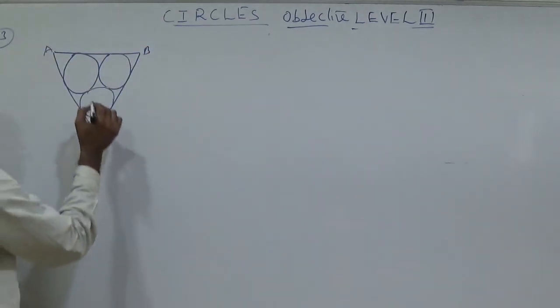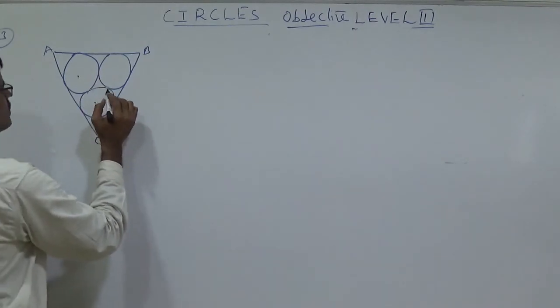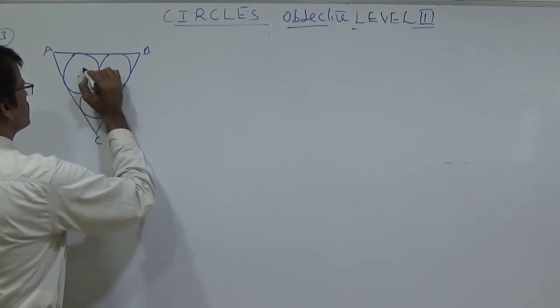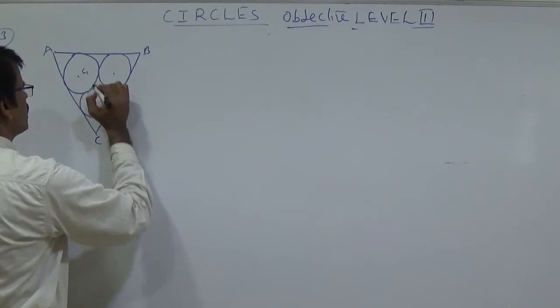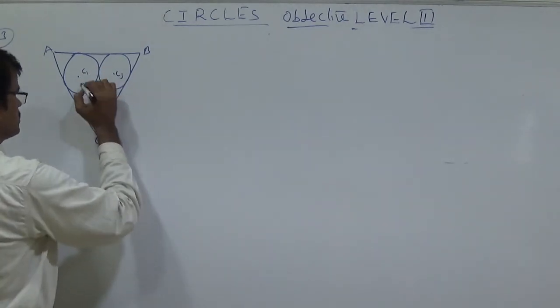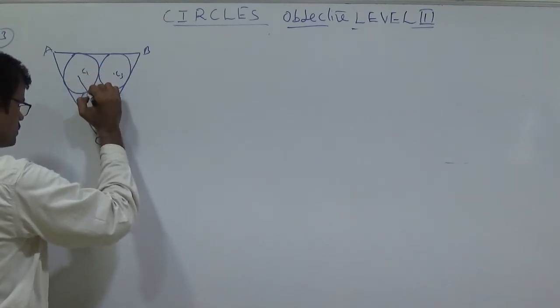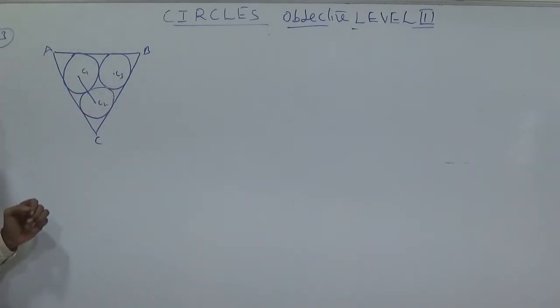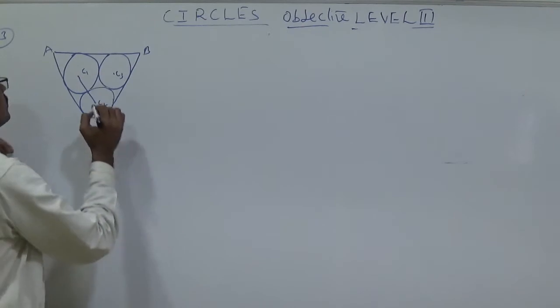Put ABC as the name here. Put C1, C2, C3 like this. This is a coin having center C1, this is center C2, and this is center C3. Join C1 and C2. He has given us that the radius is 1.